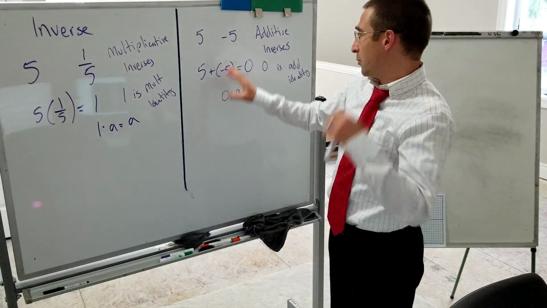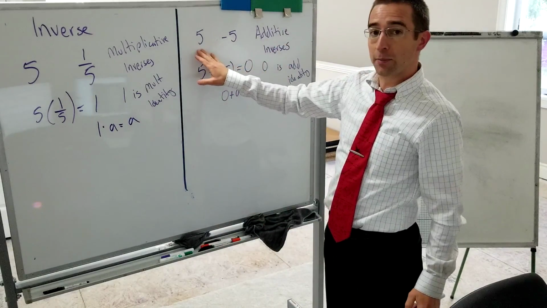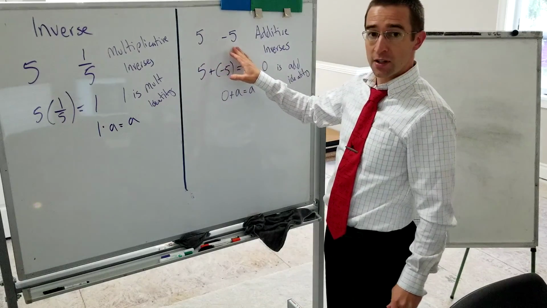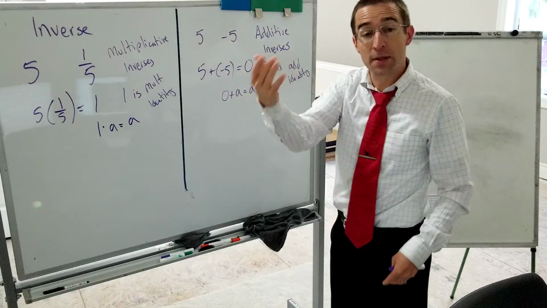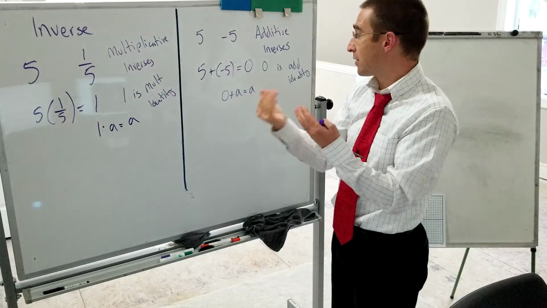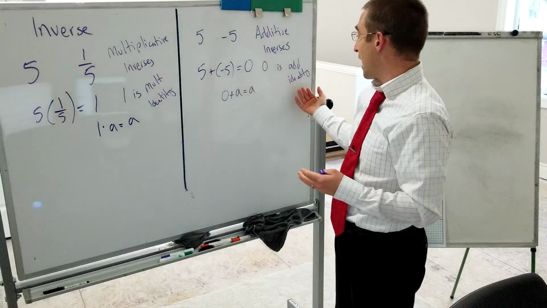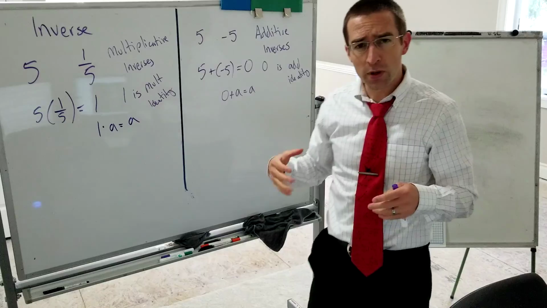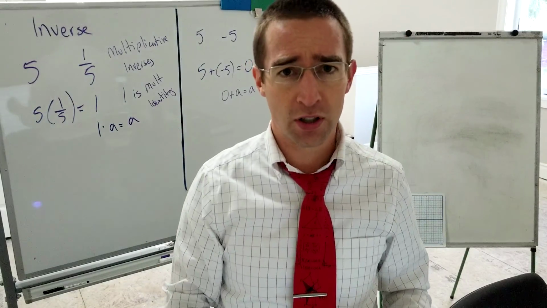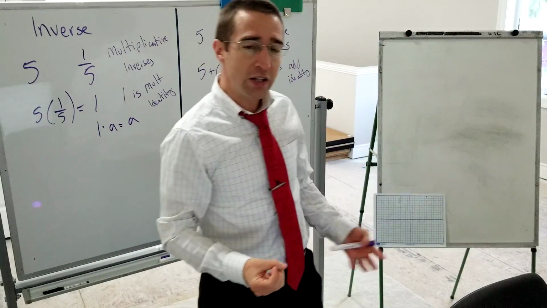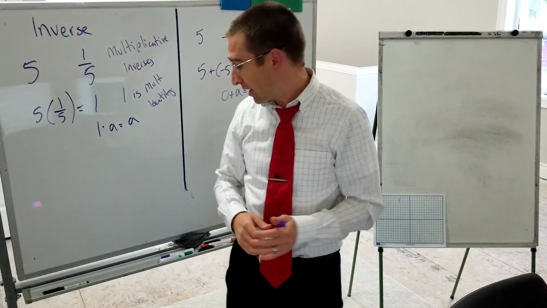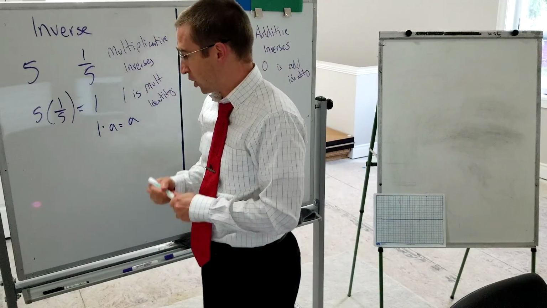With addition, every number has its additive inverse. If you add those two numbers, the positive and negative version of that number, you get 0, which is the additive identity. So if we want to talk about the inverse of functions, we have to say what operation we're talking with respect to. And in this case, it's going to be the composition.